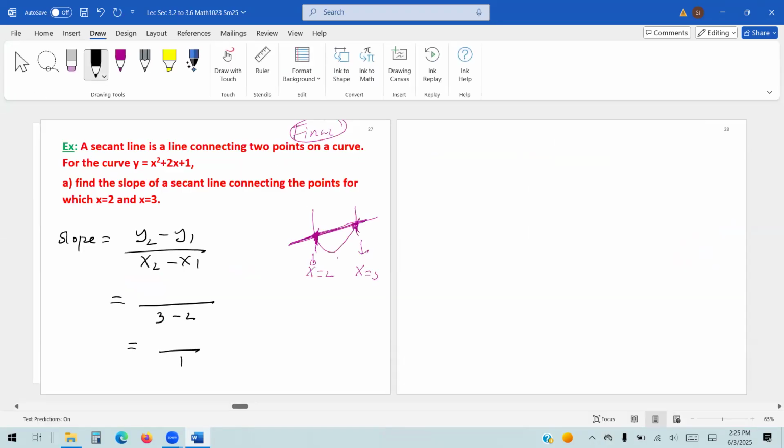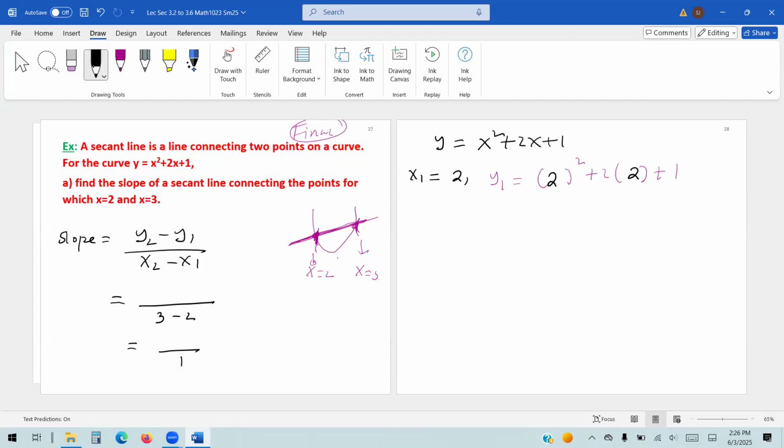So our y is x squared plus 2x plus 1, and our x1 is 2. Plug that into the formula.